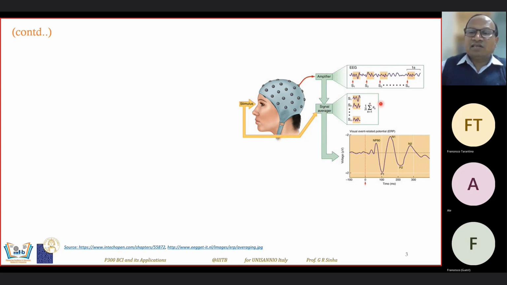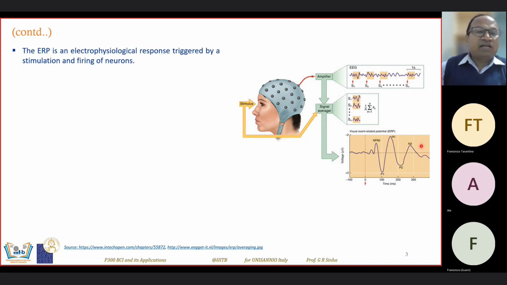We can take statistics, we can take some coefficients, all these analyses we have already discussed. And finally, you can see the signal that is actually present: these are the different things like P1, N1, P2, N2. In different manners, we get different peaks. But we are interested in peak 300.